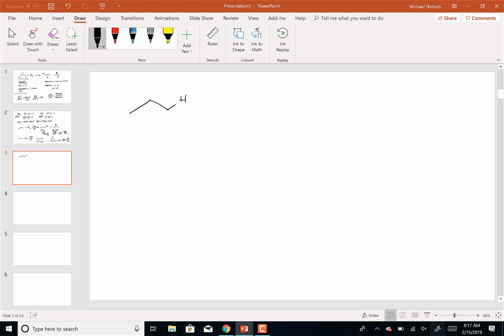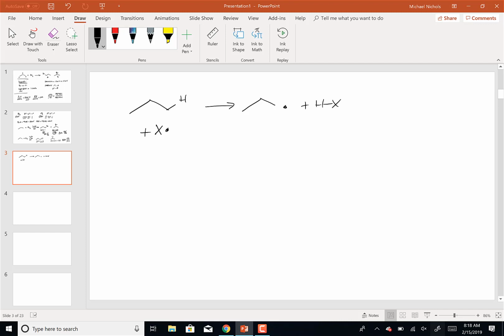If I take my propane and I convert it to the primary radical in the rate determining step of the reaction, the rate determining step means that my halogen atom abstracts the hydrogen to form that radical. So this is propagation step 1. Propagation step 1 is the rate determining step.